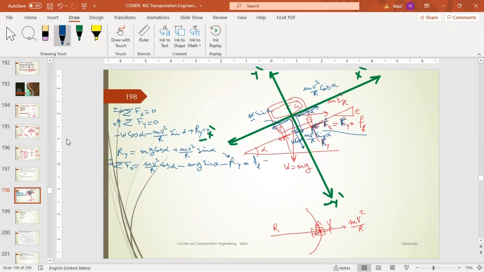And this should equal 0. So if we substitute for Ry in this equation, we get the following.